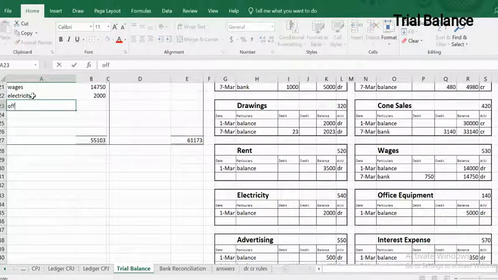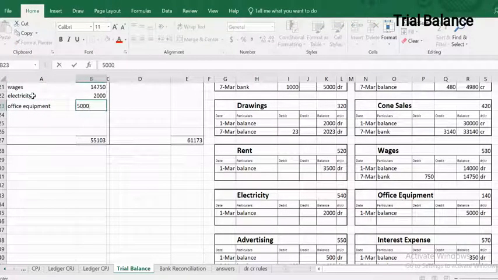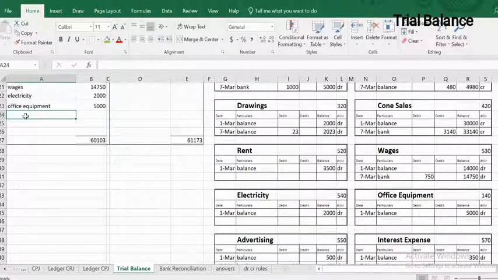We have office equipment, and it doesn't matter what order we're putting them into the trial balance either. So don't be stressed that you haven't put them in the same order that your accounts are.